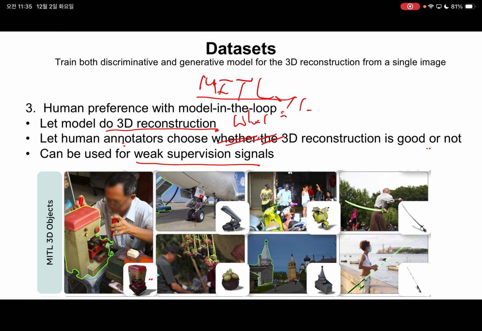By using the pre-trained model, we can get pseudo ground truths from lots of real images, so that we can secure an additional real-world image and 3D pair dataset. We can use such a dataset to further train the system to get better results.